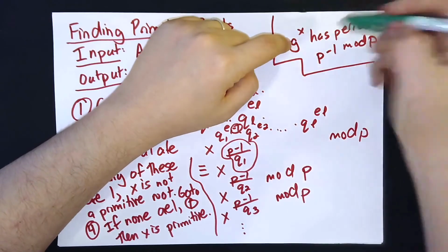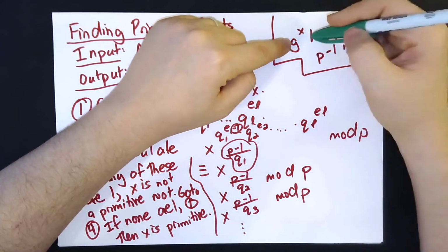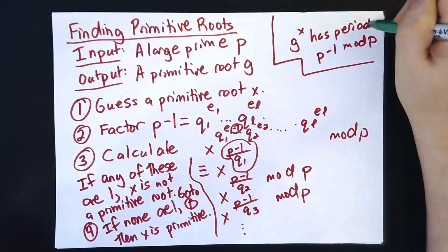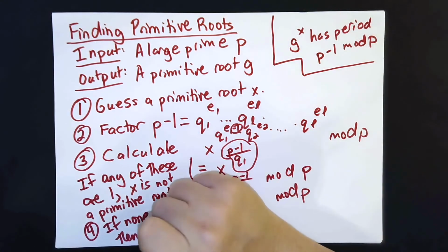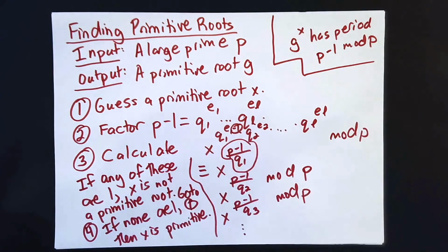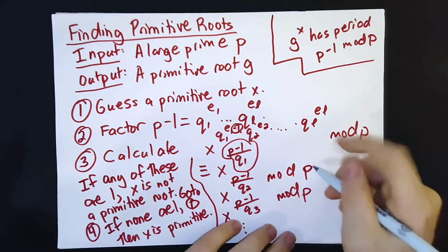And then we will identify that it is not primitive. And so, unlike our last algorithm, there's no chance of failure in this algorithm. We are 100% guaranteed that we're going to find a primitive root, and once the algorithm says it's a primitive root, we're 100% guaranteed that it really is a primitive root.